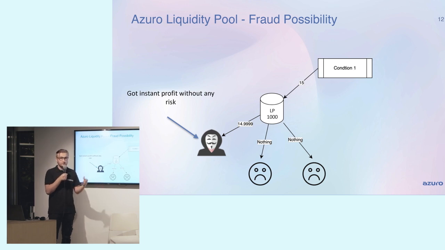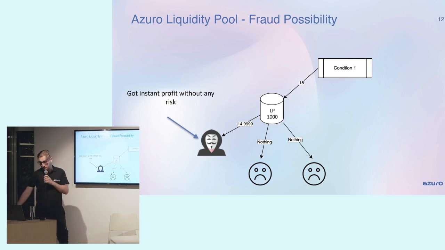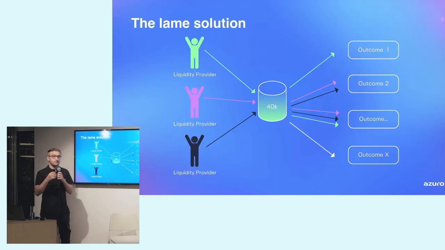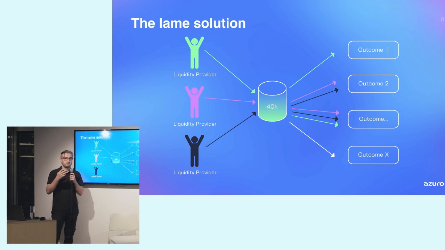You can even try to front run the Oracle, for example, to do it. And it leads us to the conclusion that we should keep track of whose money was used for which events.